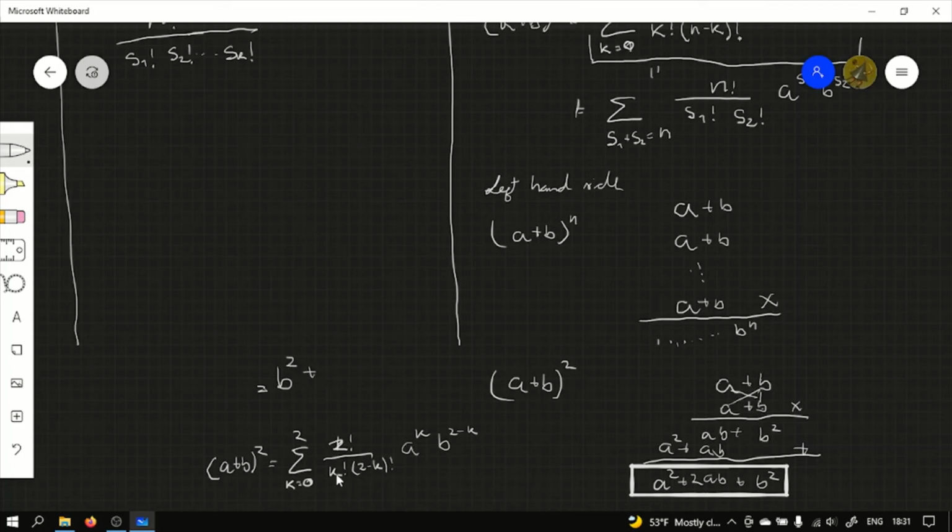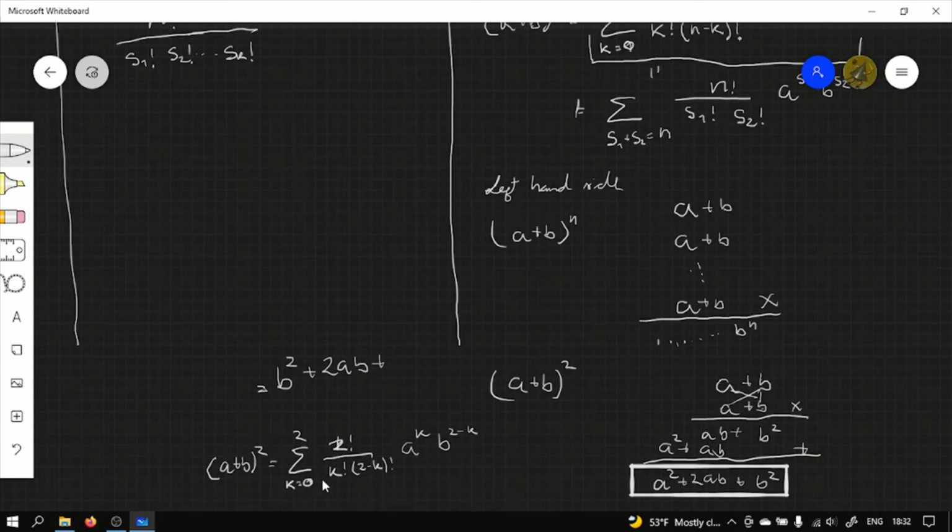So b squared plus, when k is equal to 1, we have 2 factorial over 1 factorial times 1 factorial, so it's 2 factorial, which is 2 times 1, is 2, and here a to the 1, and here b to the 2 minus 1, which is 1. So 2 times ab.